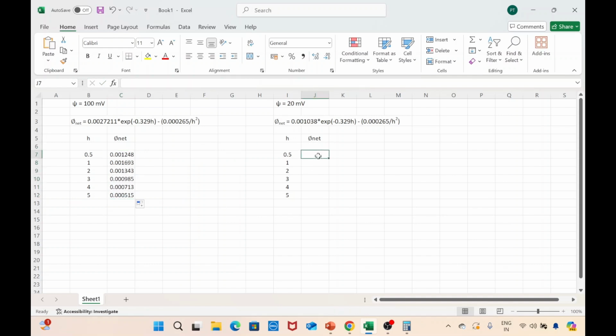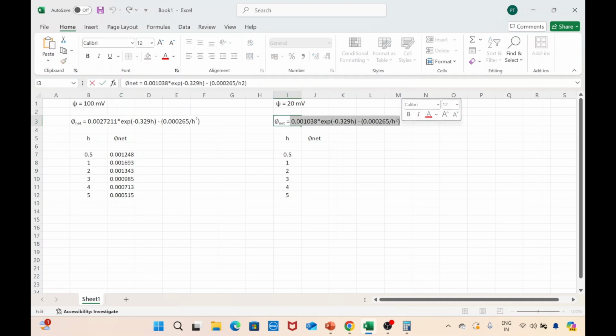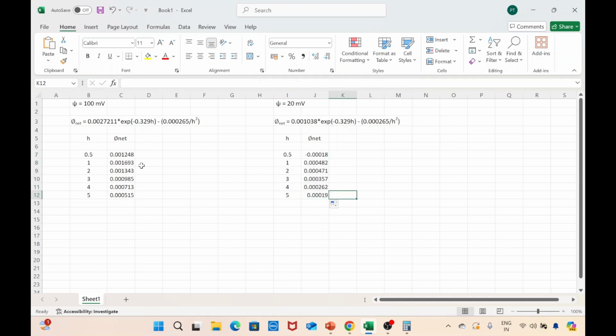Similarly, let's do the same thing here. So this is their respective net interaction energy.